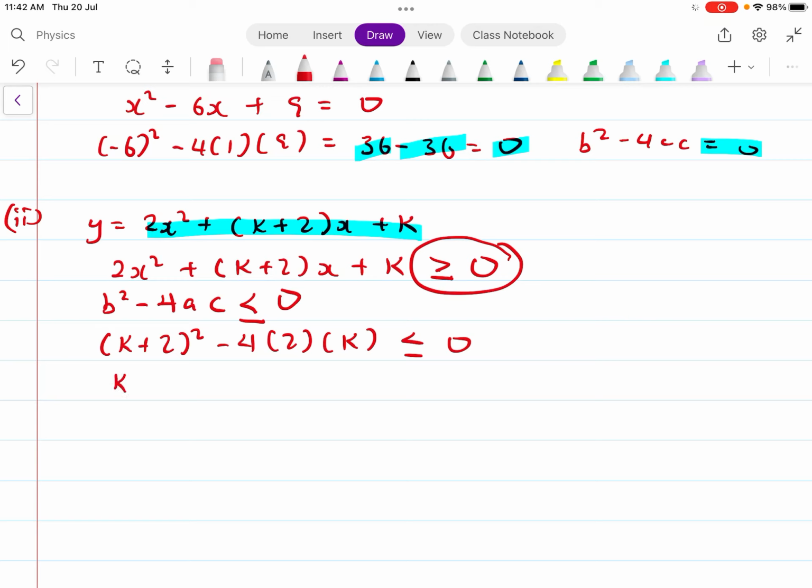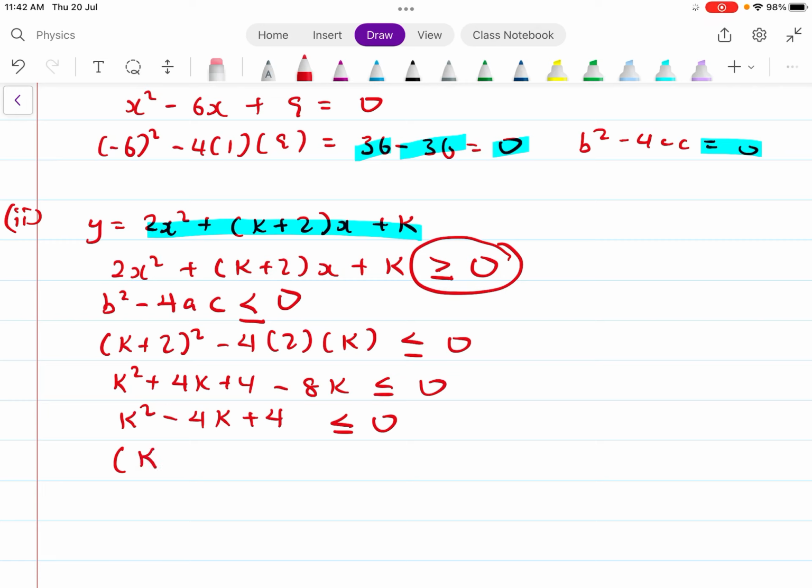So k squared plus 4k plus 4, minus 8k is less than or equal to 0. So k squared minus 4k plus 4, not plus 2, plus 4, is less than or equal to 0.